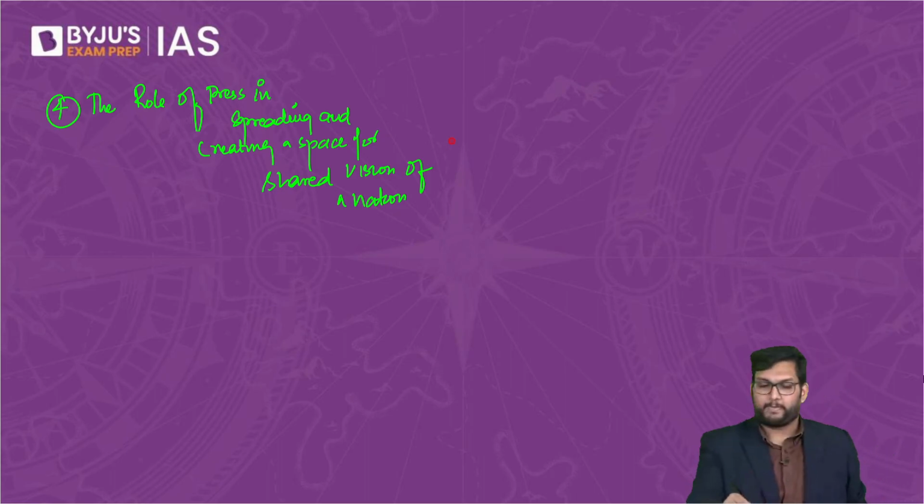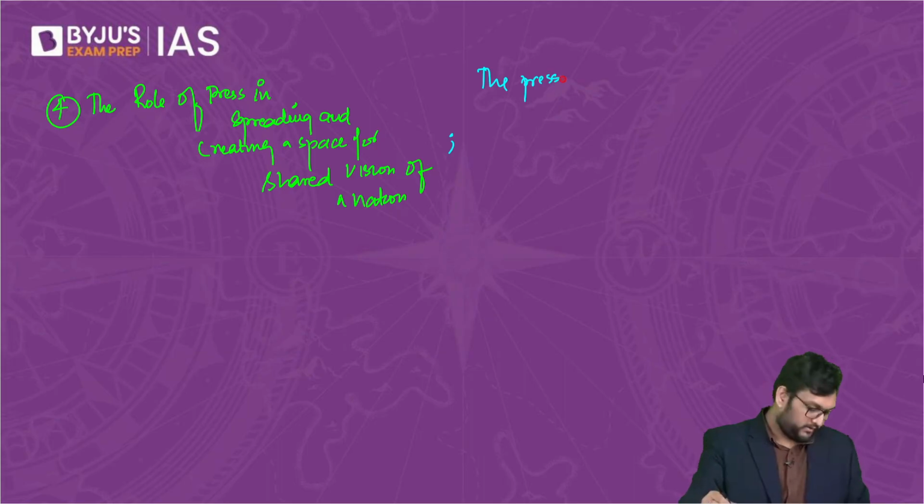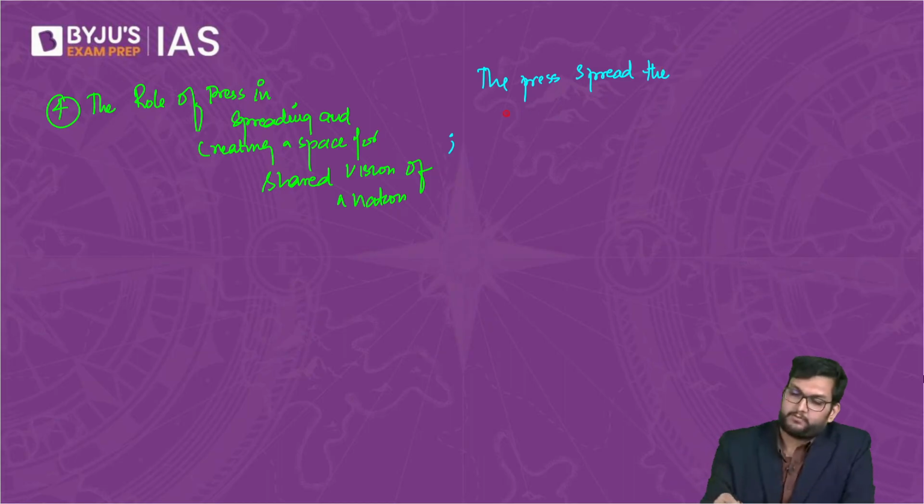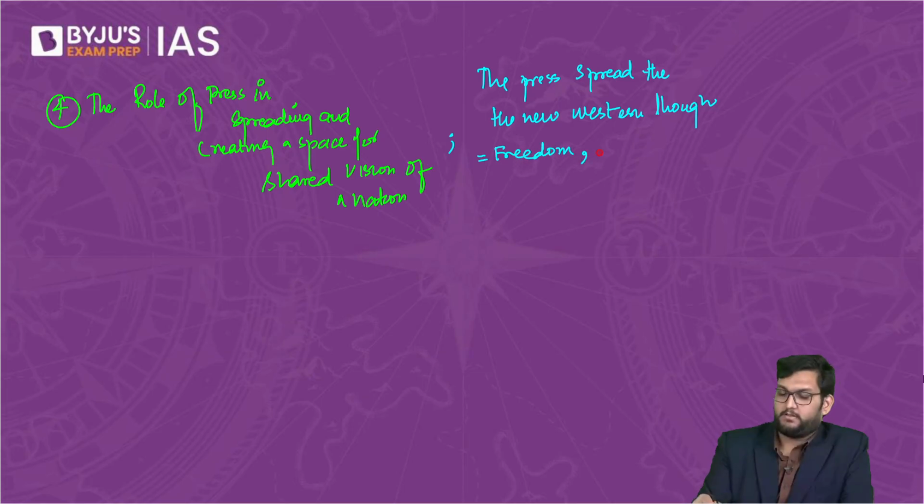Simple point is that basically the press spread the concept of the new Western thought, basically freedom. I'm literally making notes for you. That's the basic point. Freedom, liberty. Don't write all of this.